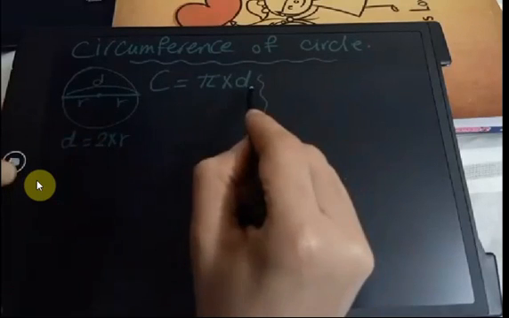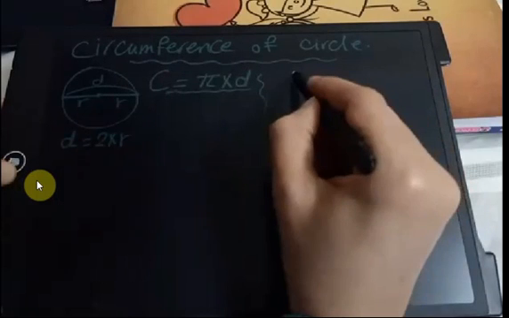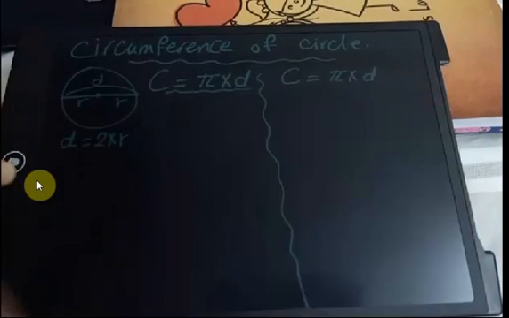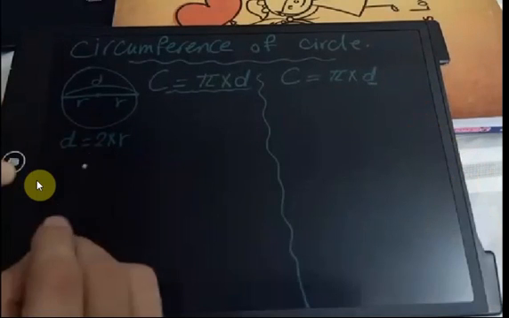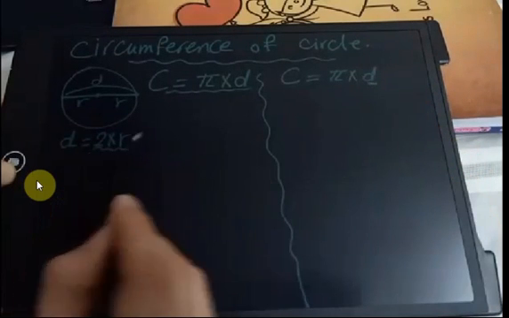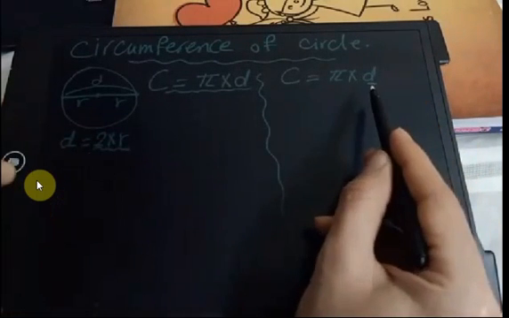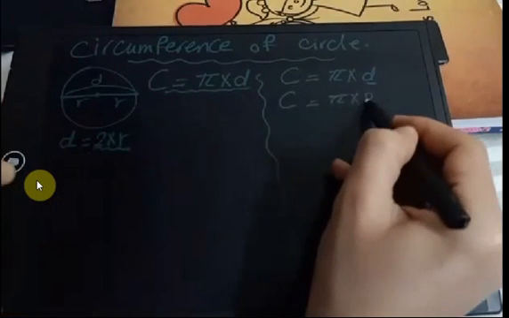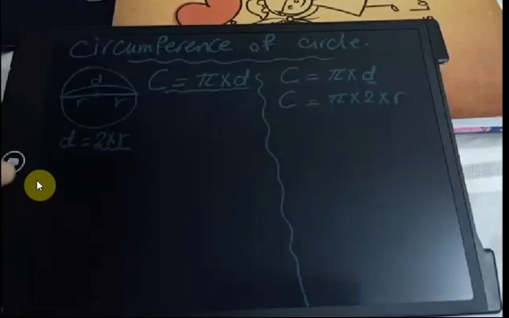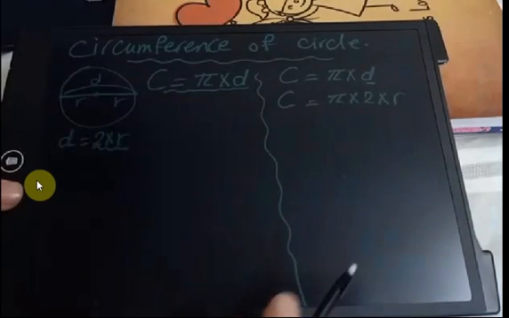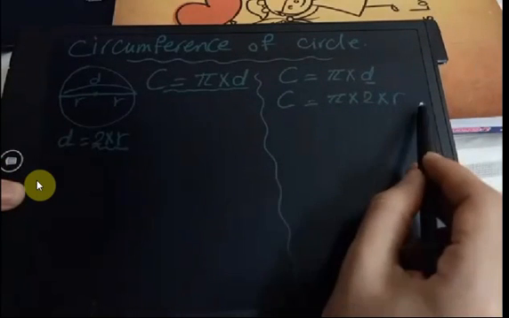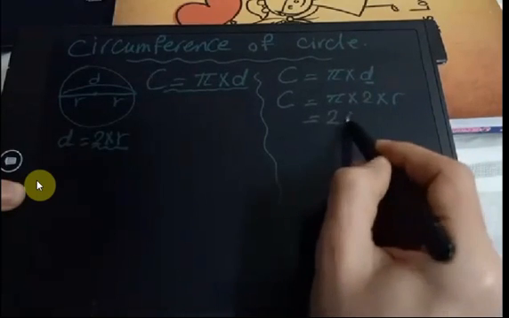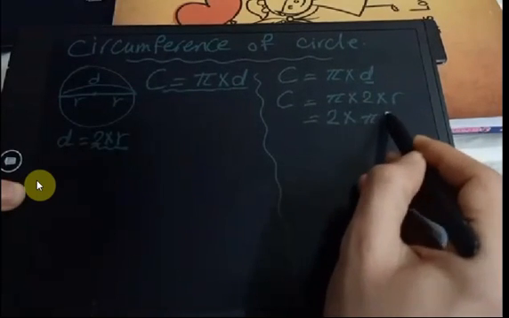Okay, so we can take this rule and change it to another one. How? If c equals pi times d, and d equals 2 times r, I can write instead of d, 2 times r. So c equals pi times 2 times r. But I can't write the number in the middle or at the last, I have to start with the number, so it equals 2 times pi times r.